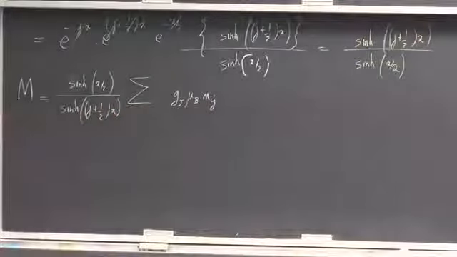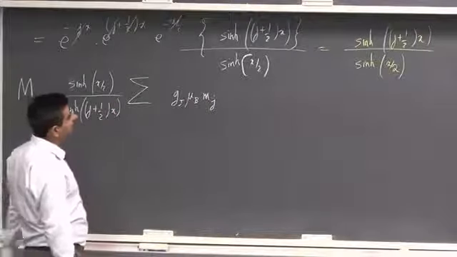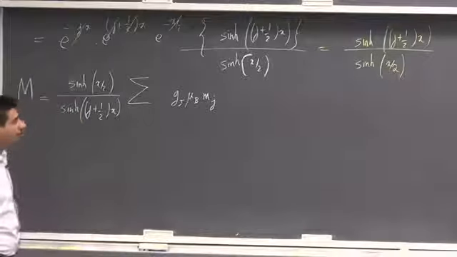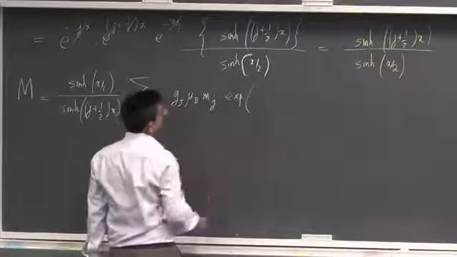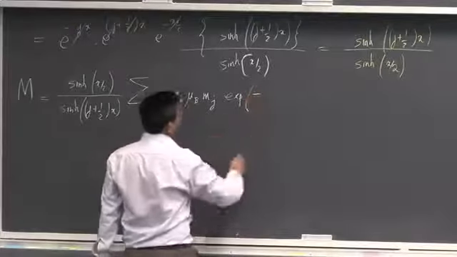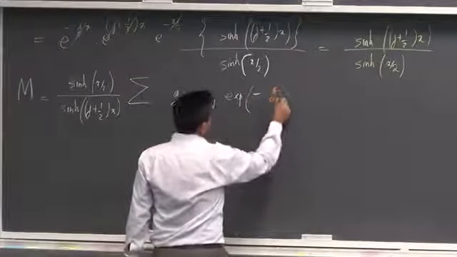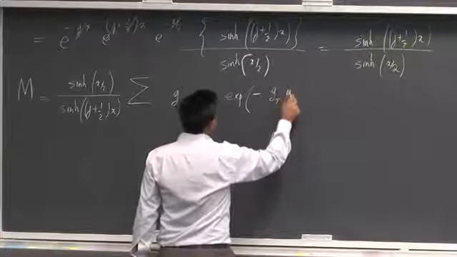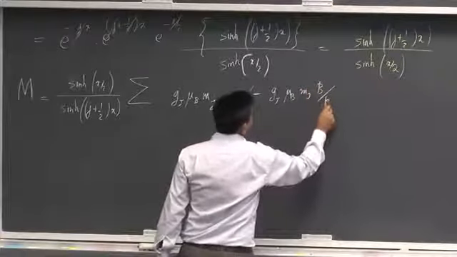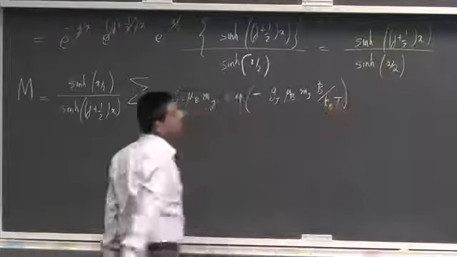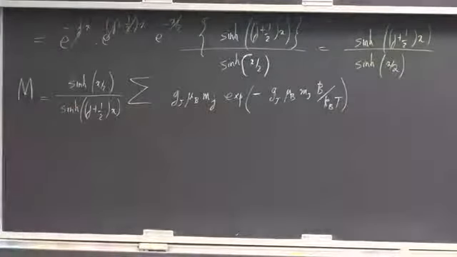This is the magnetization of each m_J state, and we multiply this with the fractional population. The fractional population is exponent of minus g_J mu_B m_J B over k_B T. So this is the magnetization of such a material.